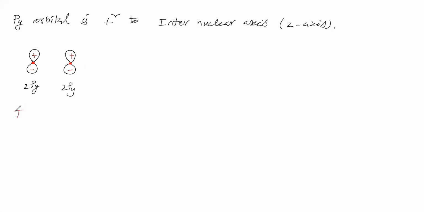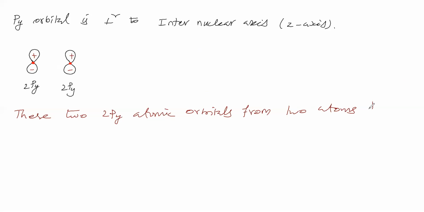Now these two 2py atomic orbitals from two atoms are perpendicular to the internuclear axis, that is the z axis, but they are parallel to each other.